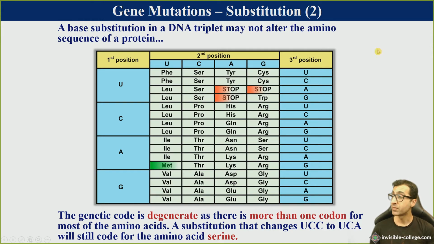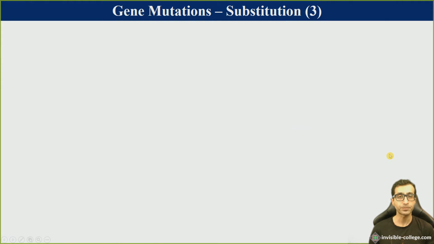Essentially, the degeneracy of the genetic code refers to the fact that there's more than one triplet codon which codes for most of the amino acids found in living organisms. So a substitution, for example, that changes the triplet UCC to UCA will still code for the amino acid serine. This type of mutation would be referred to as a silent mutation because it does not affect the ultimate polypeptide structure of that protein.